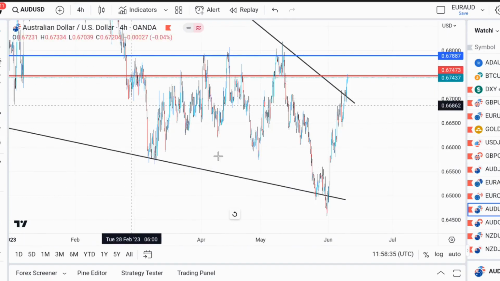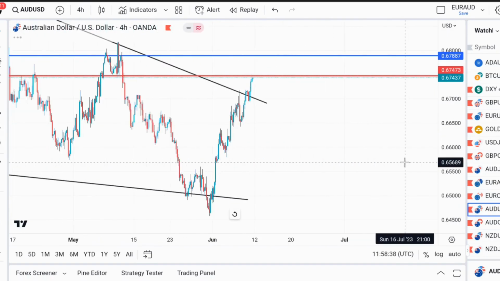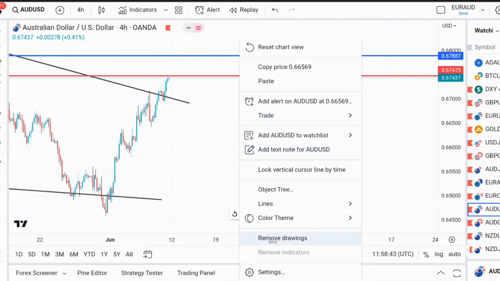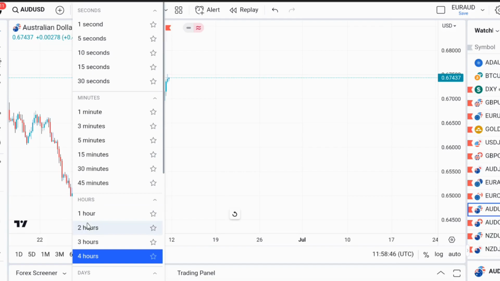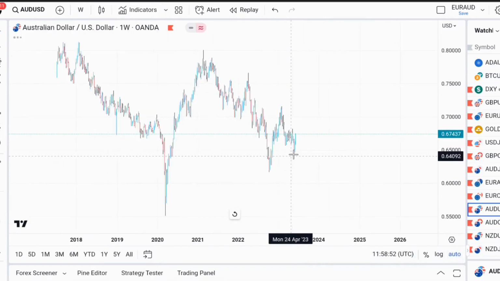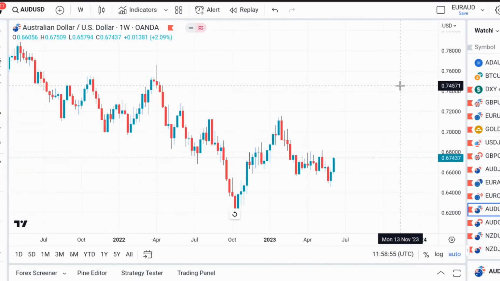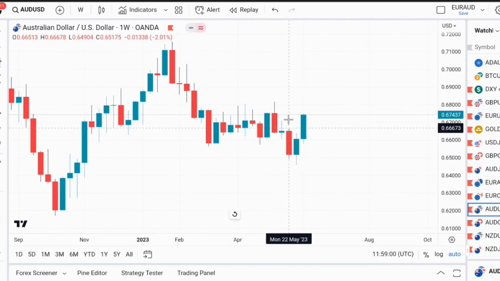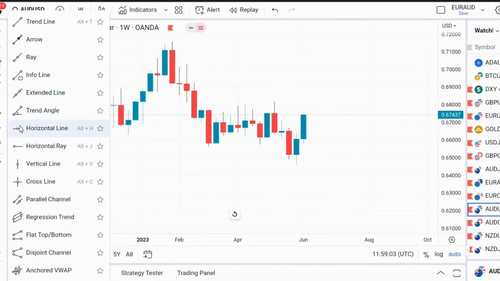So checking the Australian dollar US dollar. Here too, let's eliminate this drawing. Here too, the whole scenario is still to the downside, but we see a bounce off at this particular area.